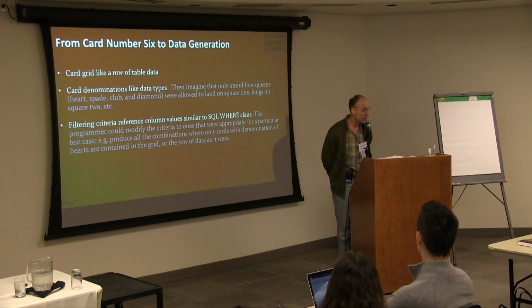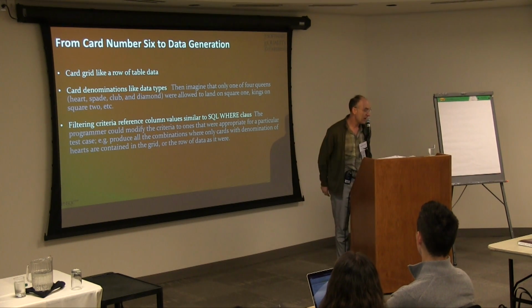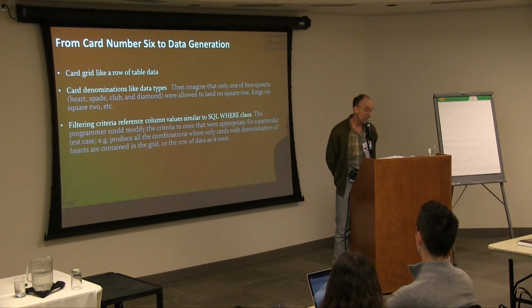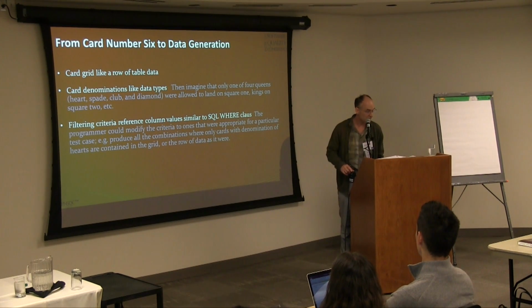It could only be a queen. That would be kind of like confining a column to a data type. And finally, filtering criteria, reference column values now instead of our cards, similar to the way a SQL where clause would work. I'll show you an example of that in a second.